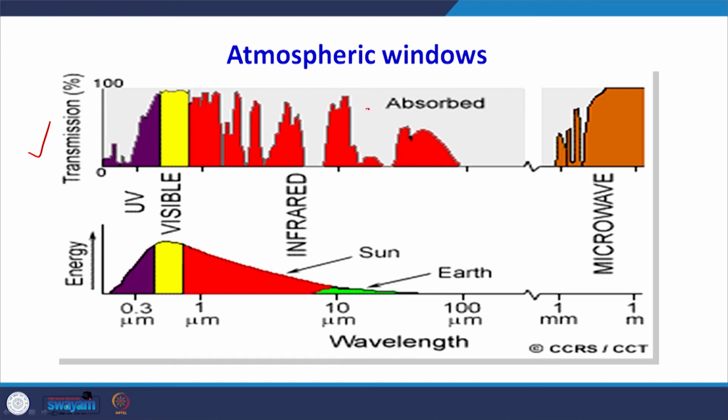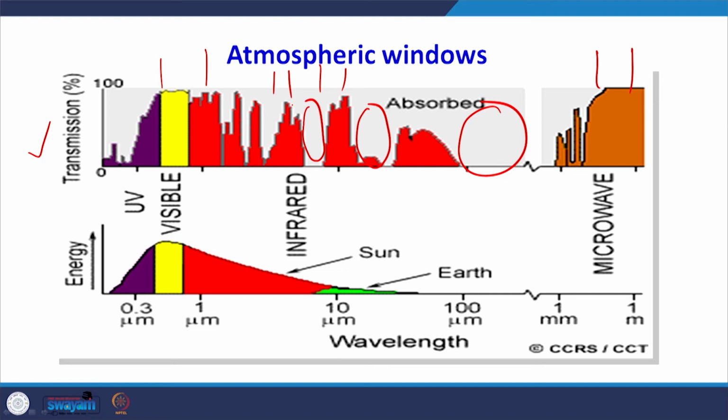For example, in this region absorption is quite high, but this is the region where the transmission is very good. Then again we have a microwave region, and some infrared regions where the transmittance is good and atmospheric losses are low.